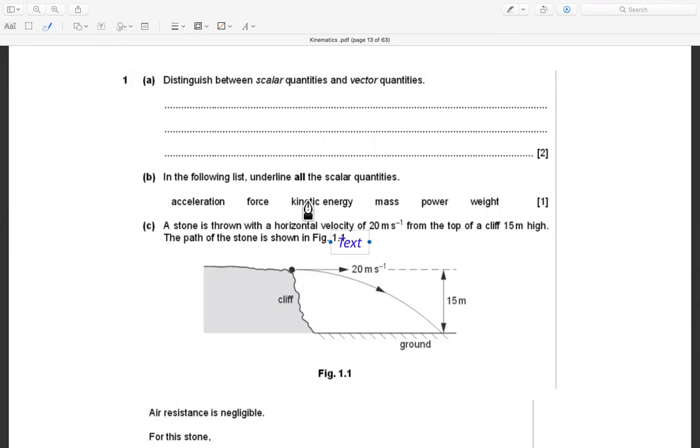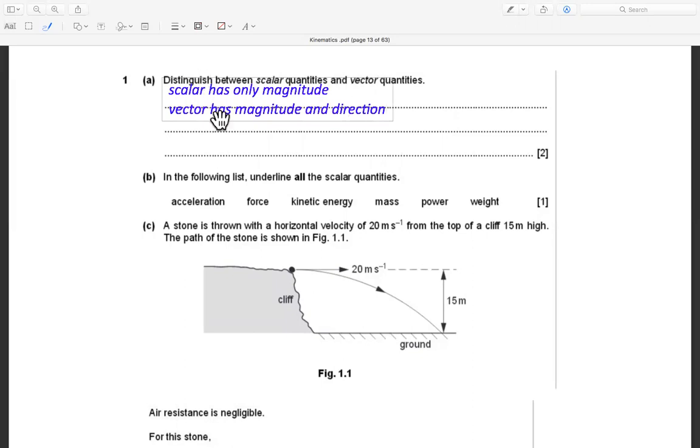Kalau boleh Bapak tulis gini. For scalar, they have only magnitude. Hanya memiliki besarnya saja. And vector has magnitude and direction.